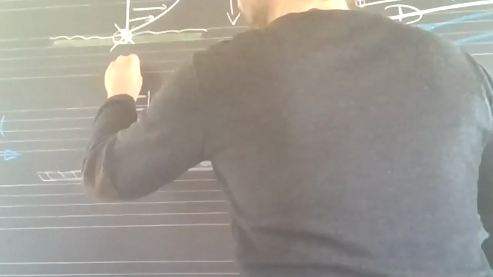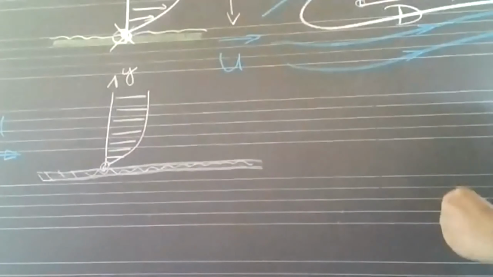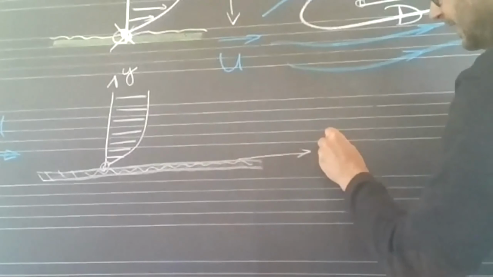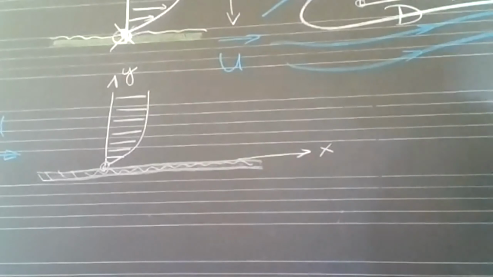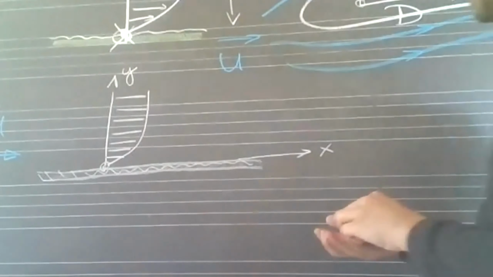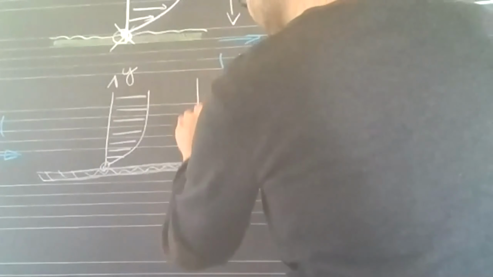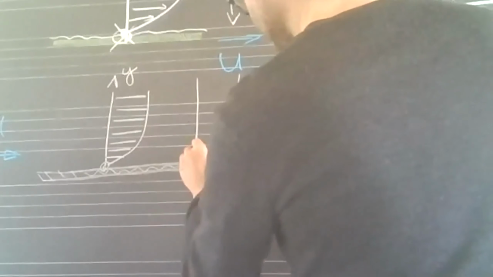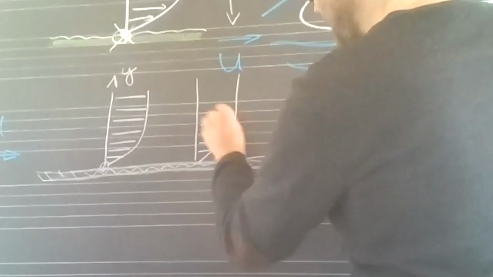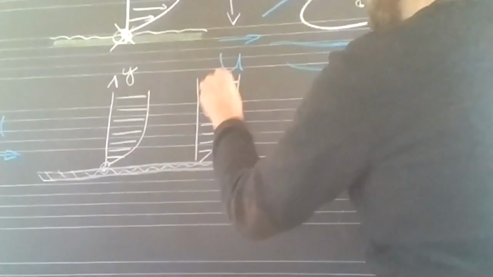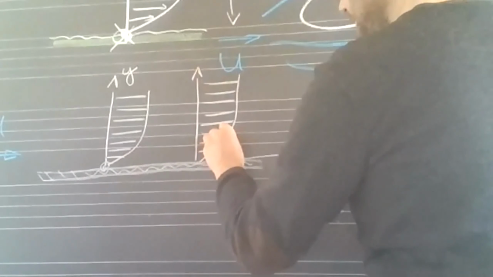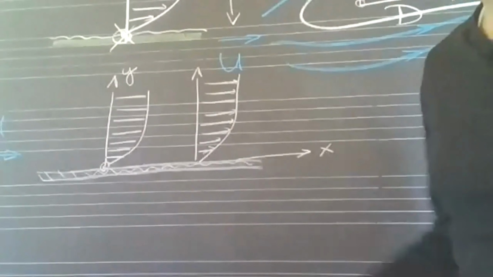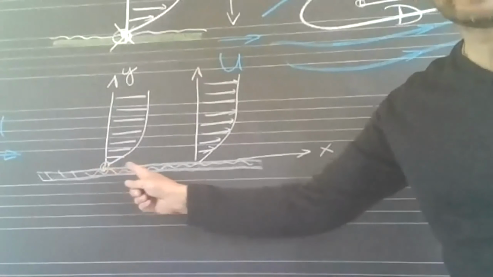And if we call it here a y direction, and we introduce here an x-axis. What Prandtl observed was that the shape of the boundary layer changed only very little as he moved in x direction.